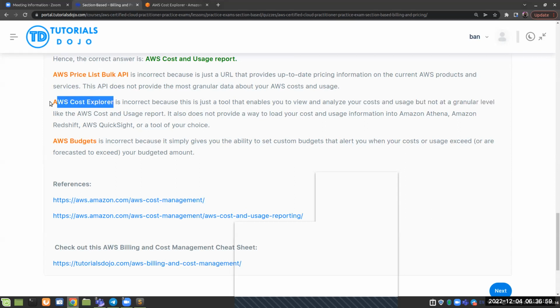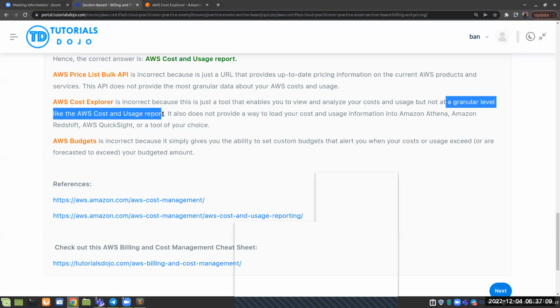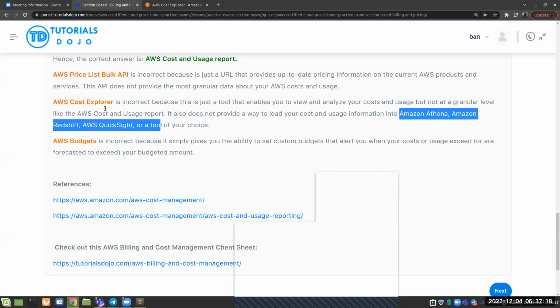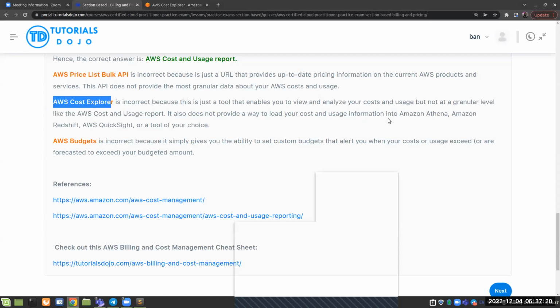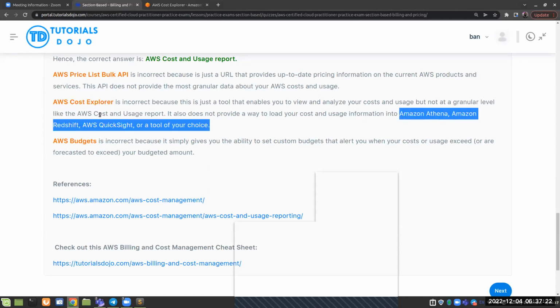So Cost Explorer is correct in the sense that it has to do with cost management and analysis, but it doesn't have the granularity that you have with the cost and usage report, right? It also does not provide a way to load your cost and usage information to Athena and Redshift.